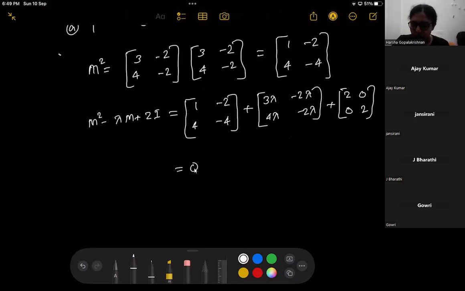This is equal to 0, which means it is a 2 by 2 zero matrix. So we have to equate each of the entries with 0.